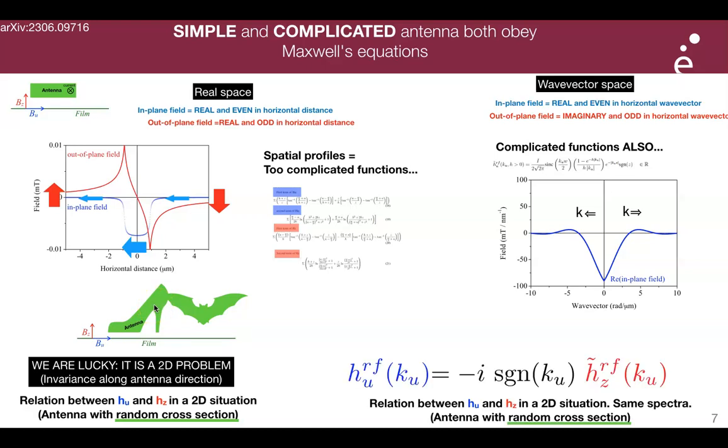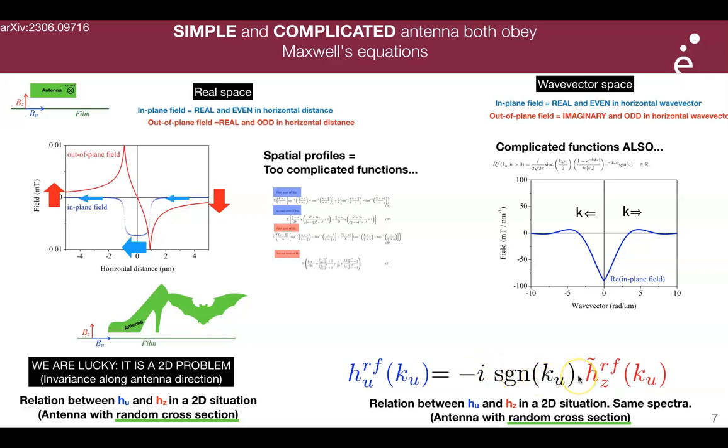Then because Maxwell's equations apply, you will have that the spectrum of the in-plane field and the spectrum of the out-of-plane field are effectively very similar. They just differ by a phase factor, a phase rotation of pi over 2 in reciprocal space, and the sign of the wave vector.